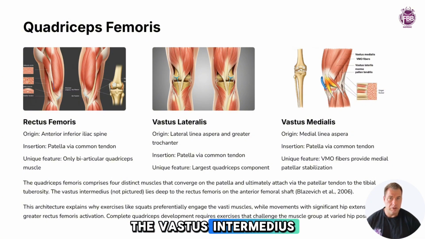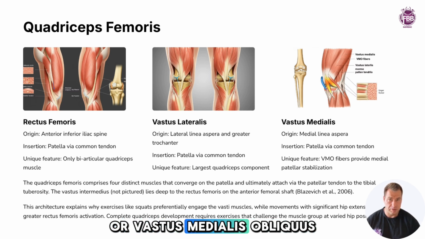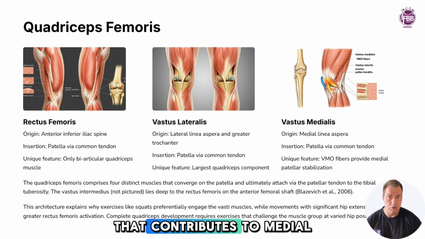The vastus intermedius lies deep to the rectus femoris on the anterior femoral shaft. The vastus medialis attaches along the medial linea aspera, with its most distal fibers, often called the VMO or vastus medialis obliquus, having a more horizontal orientation that contributes to medial patellar stabilization.